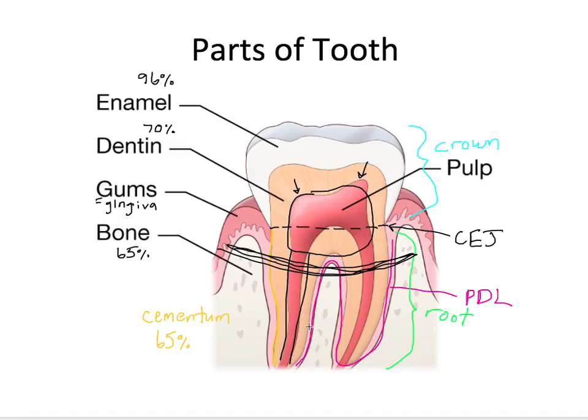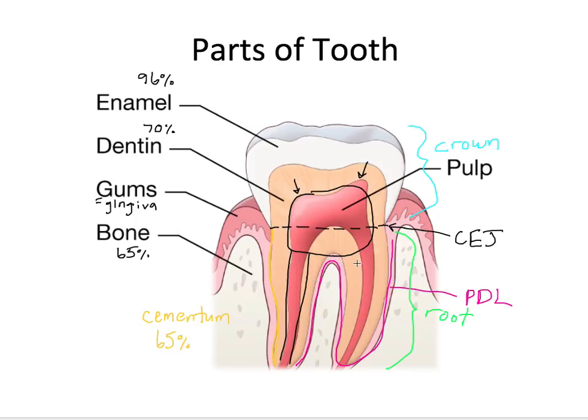So it's a little bit confusing, but that's just a way to define structures in terms of anatomics, because the CEJ will stay constant. What you see clinically, anything that sticks above the gums, would be called a clinical crown, and anything that anchors the tooth in the jaw that you don't see, covered by bone and gums, would be the clinical root.